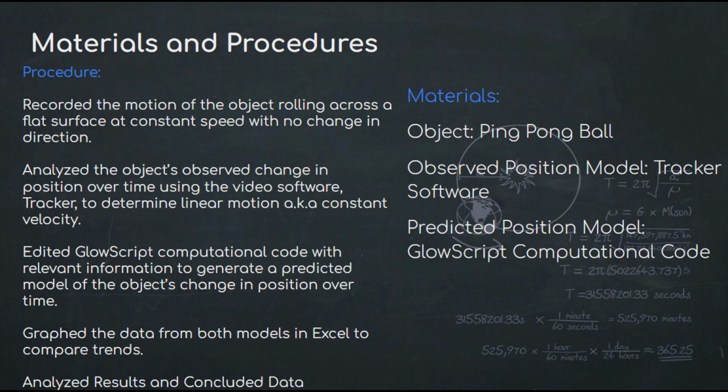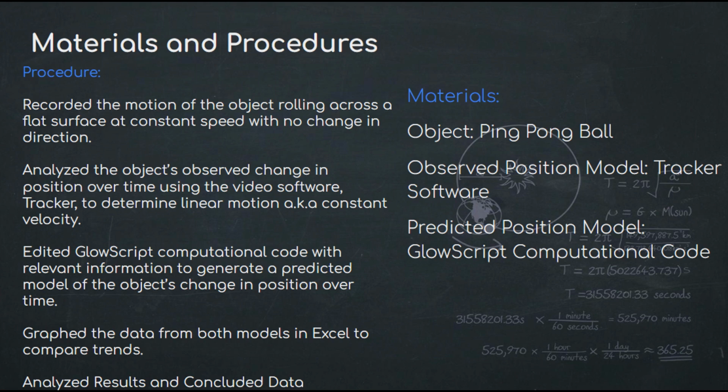Reviewing some of the materials and procedures I used in this lab experiment, firstly I'd like to account for my materials. The object I used was a simple ping pong ball. The observed position model was generated using Tracker software, and the predicted position model was generated using a GlowScript computational code. For my procedure, firstly, I recorded the motion of the object rolling across a flat surface at a constant speed with no change in direction.